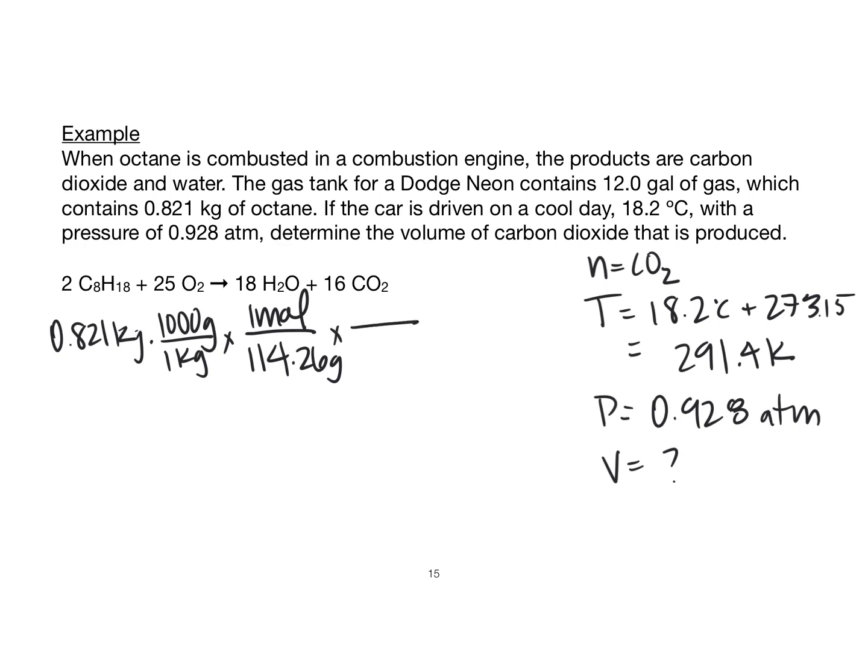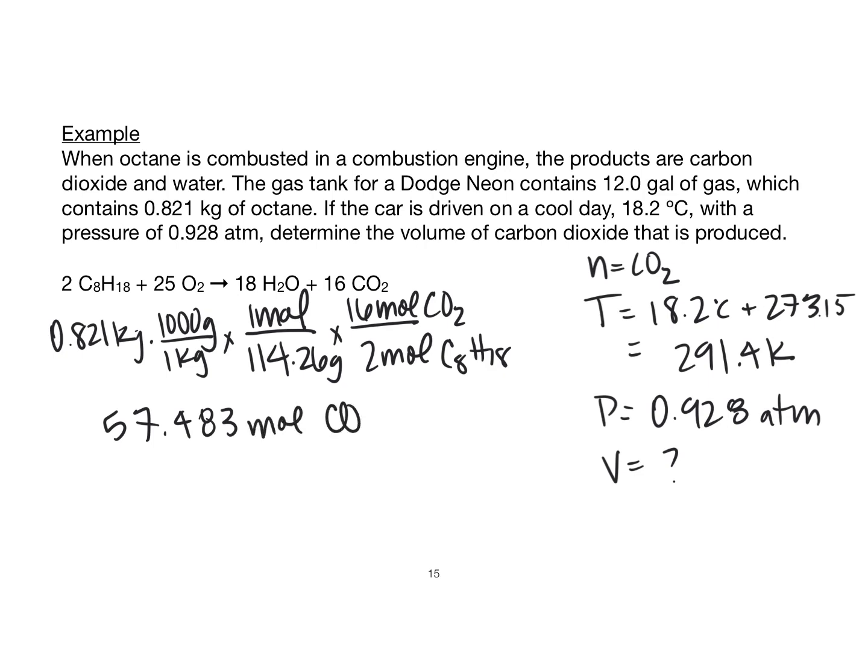Then I'm going to multiply by 16 moles of CO2 for every 2 moles of C8H18. So I'm going to get that there are 57.483 moles of CO2 produced in this reaction.